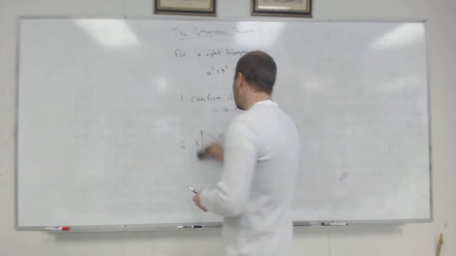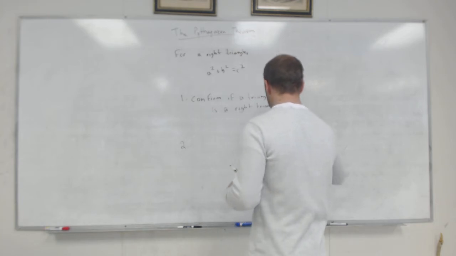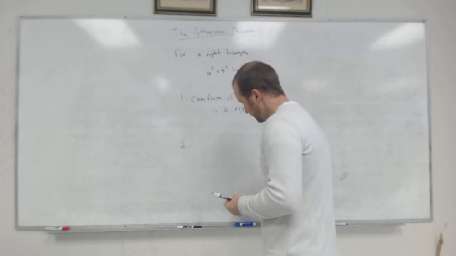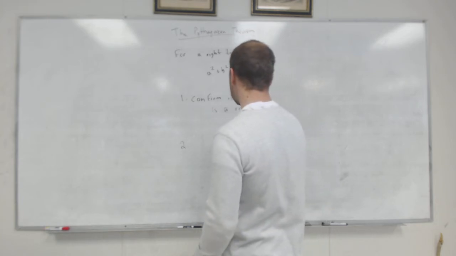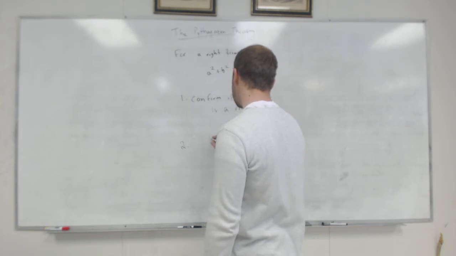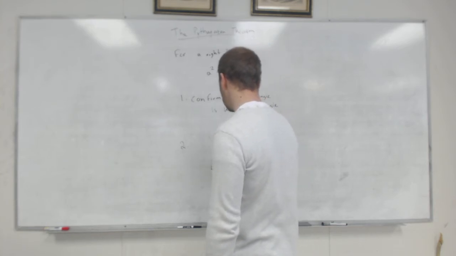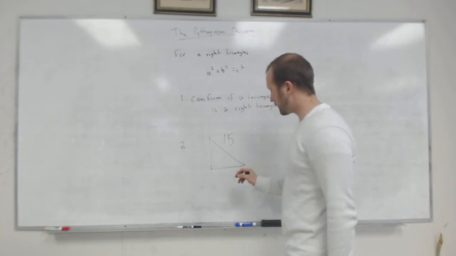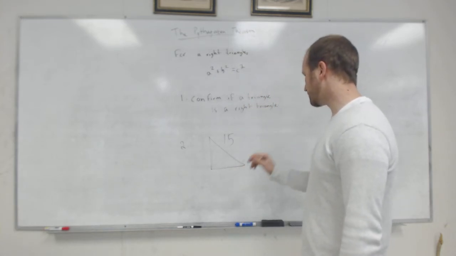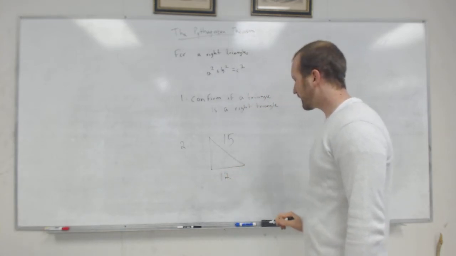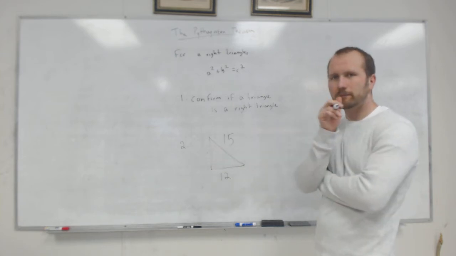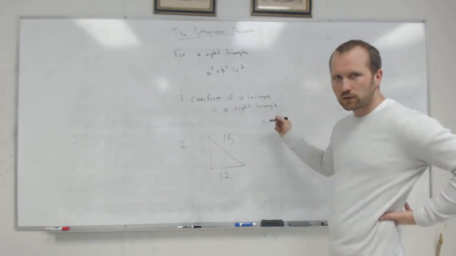Now, what if the side that they gave us, like let's say this one was 15, and this one was 12, how are we going to solve for this side? Is it still squared minus 12 squared?